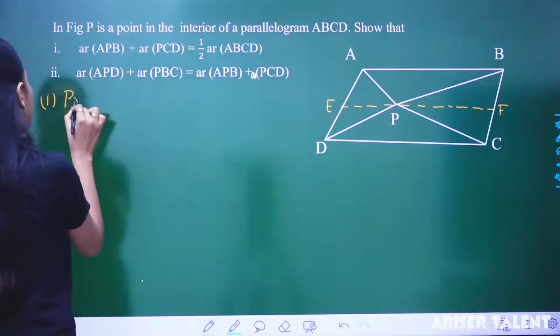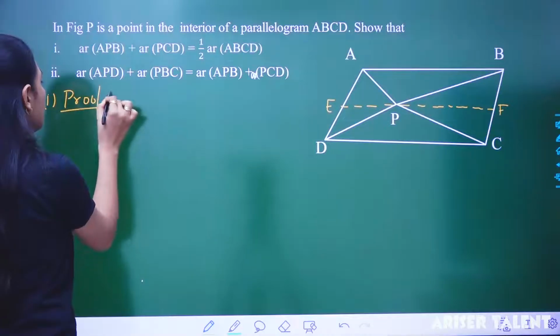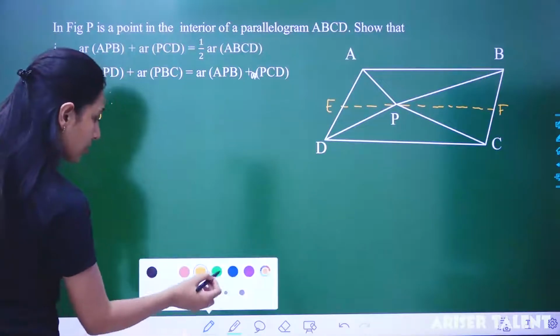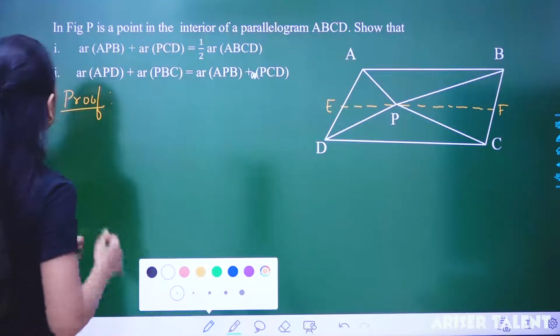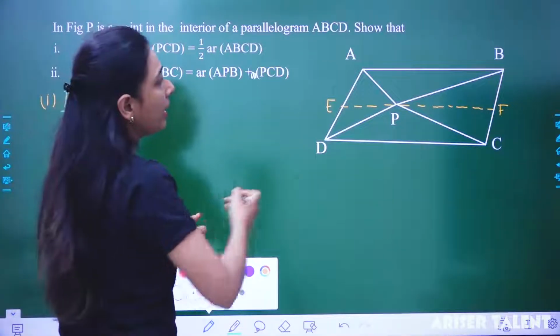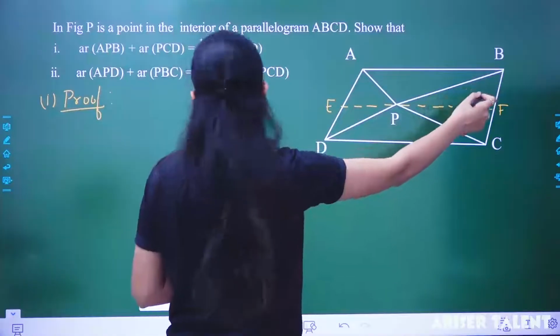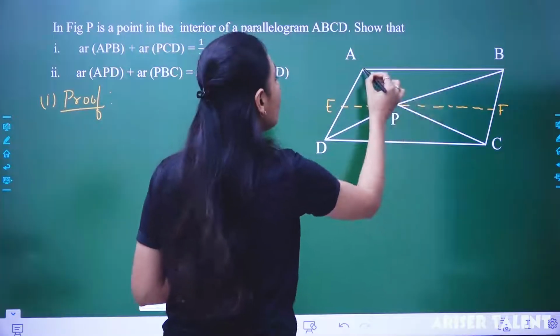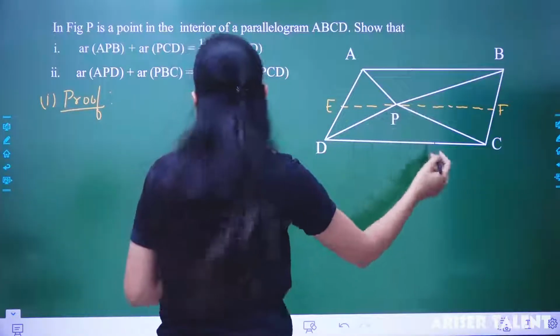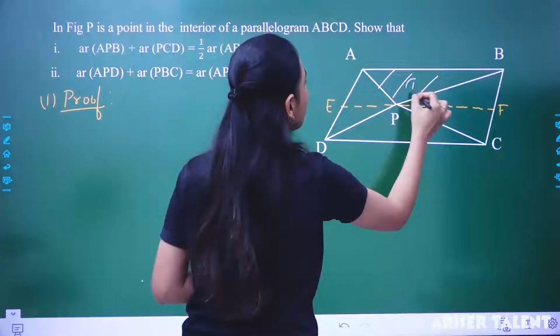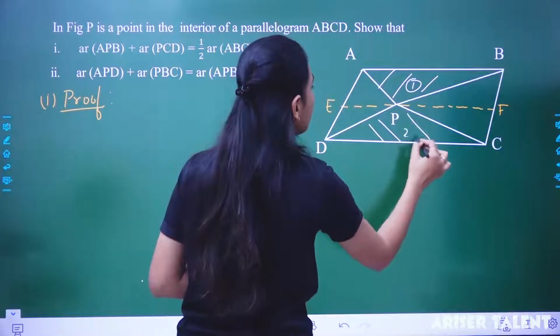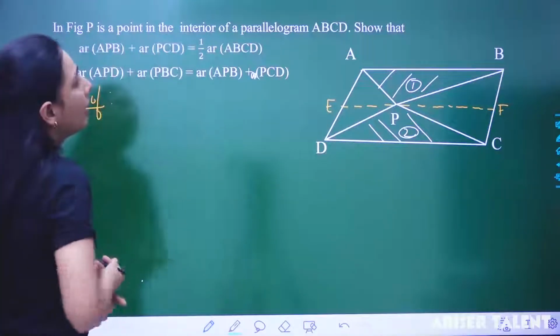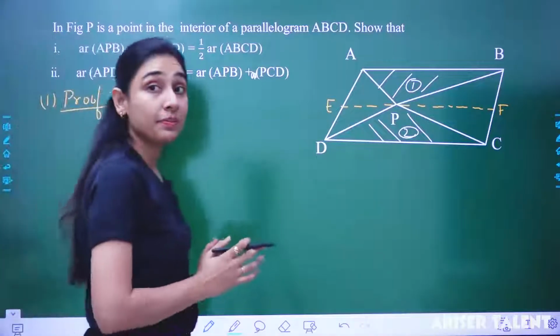For the first, our proof is, area APB plus area PCD. This triangle, we are talking about this triangle and this triangle, these two triangles, equals half area ABCD.